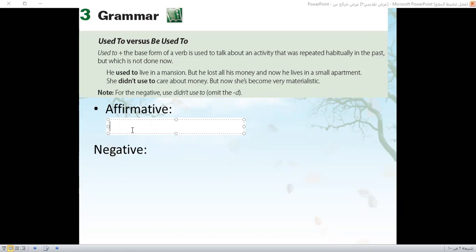So can someone give me an example using used to as an affirmative, not negative? Whoever gives me the example will get an extra mark. Yalla Faris, it's very easy. You're familiar with this grammar.